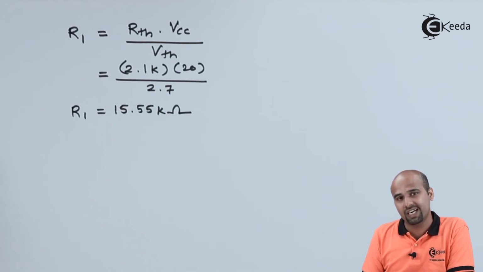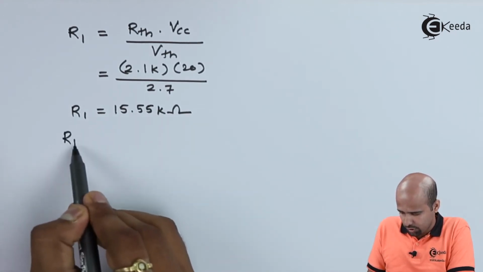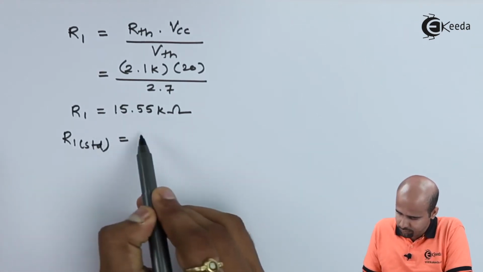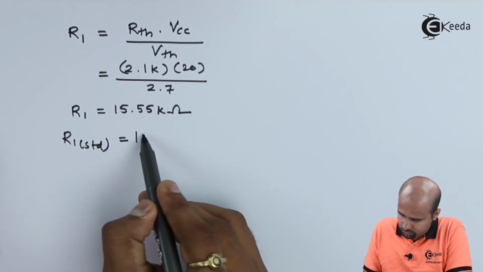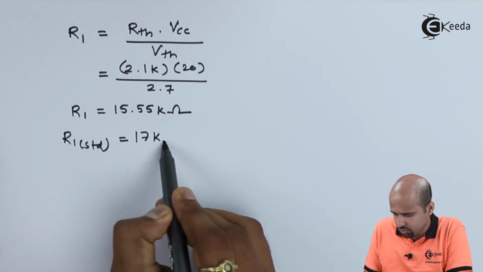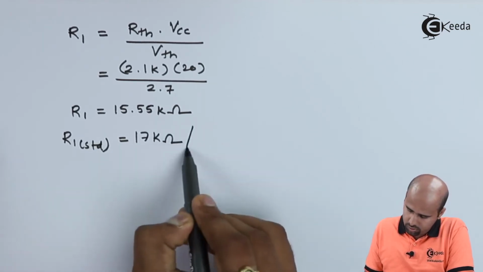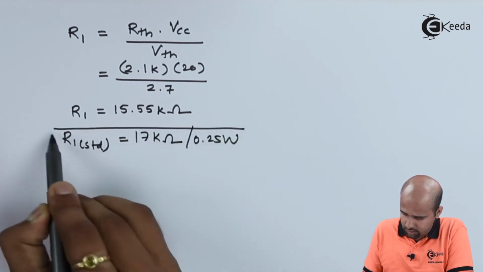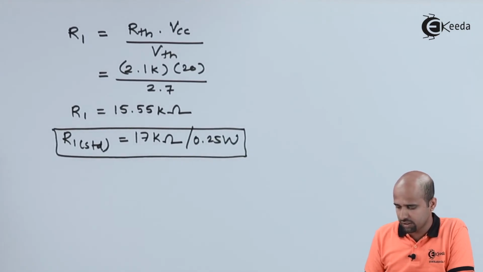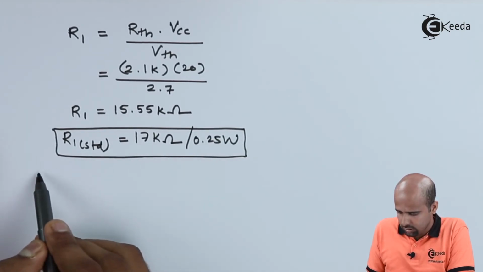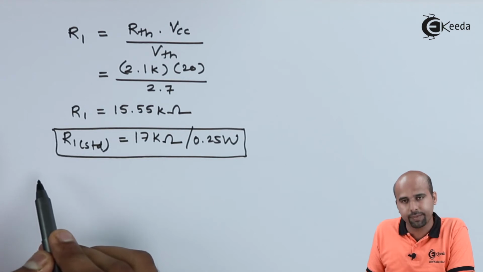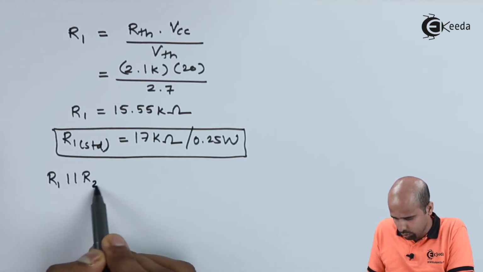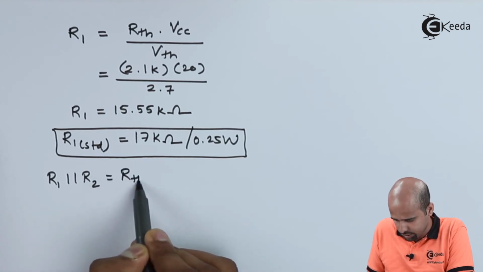We'll use R1 on the higher side, so R1 standard will become 17 kilo ohm, 0.25 watt. Simple calculation. From the R1 parallel R2 combination, I know that R1 parallel R2 is equal to RTH.